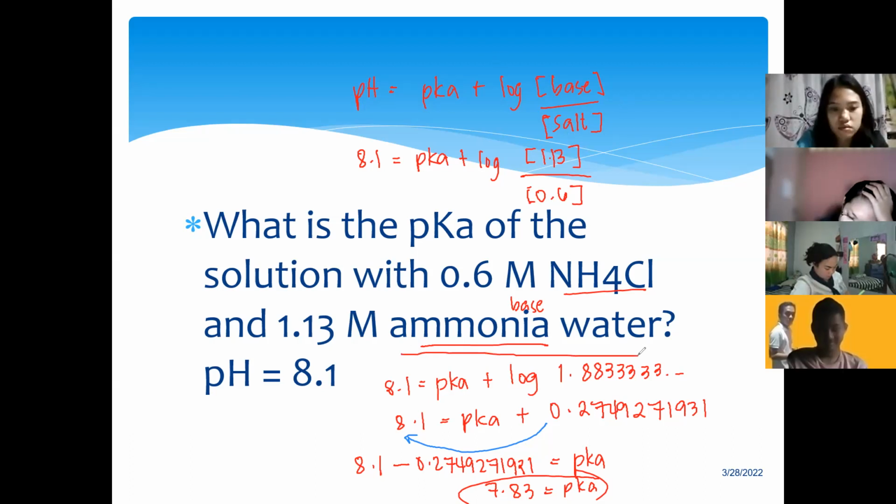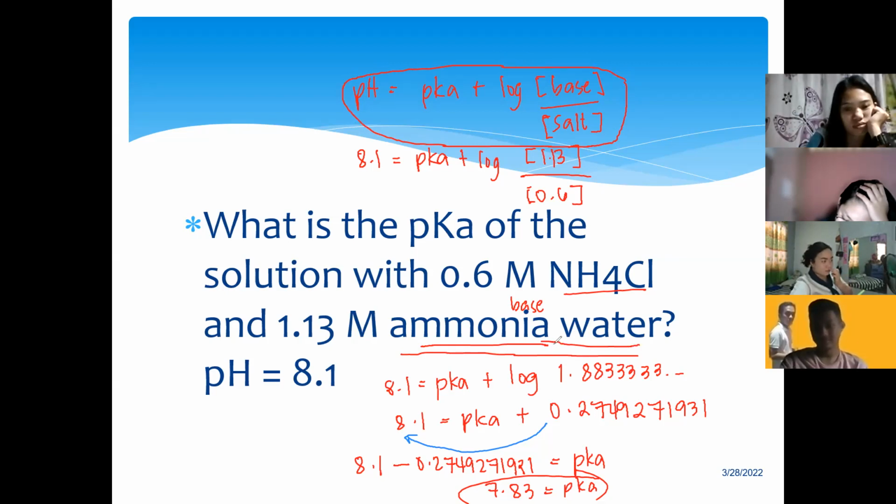Since ang given here is ammonia water, you are going to use this formula. So base kasi ito, 'di ba? Hindi mo naman siya pwedeng tawaging acid. Hindi naman siya acid. Most of our acids have acid in their name. So that's the simplest thing na gagawin para ma-identify mo siya as acidic or basic. So ito ang magiging salt.